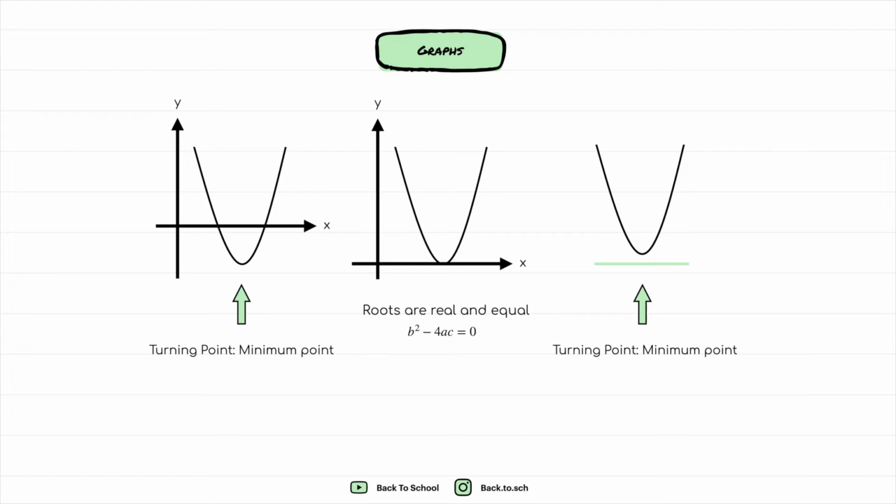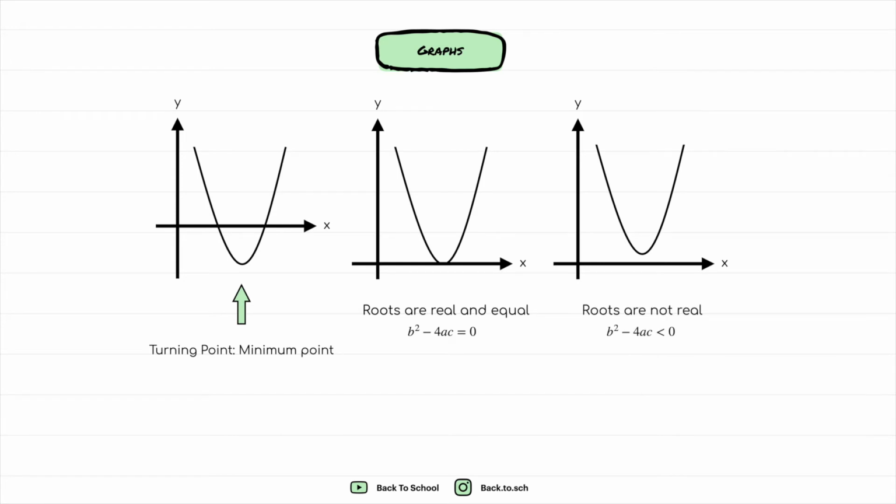Now, if you continue this thought process and imagine if the x-axis is somehow pushed further down beyond the turning point, what we will realize here is that we'll get the third scenario, where your roots are not real, as there is no intersection between the curve and the x-axis.